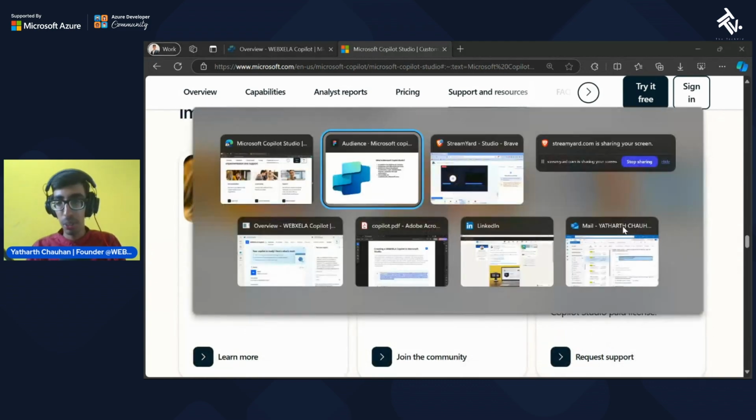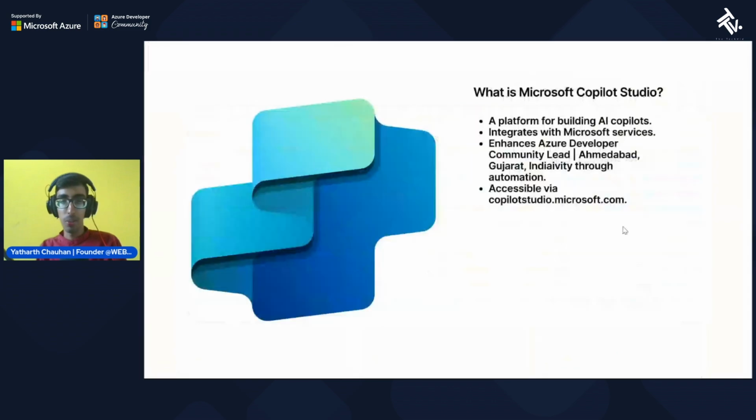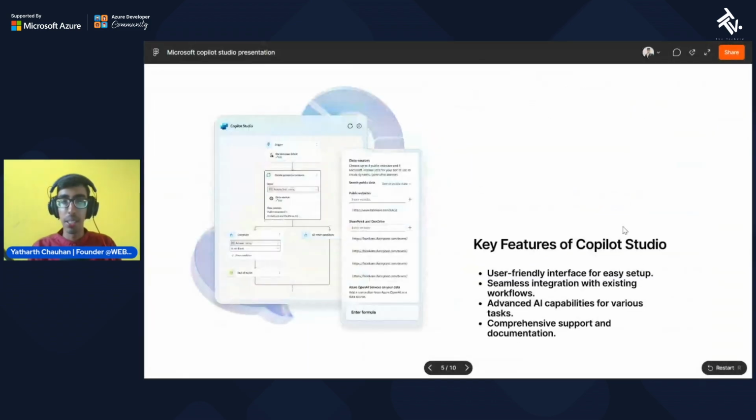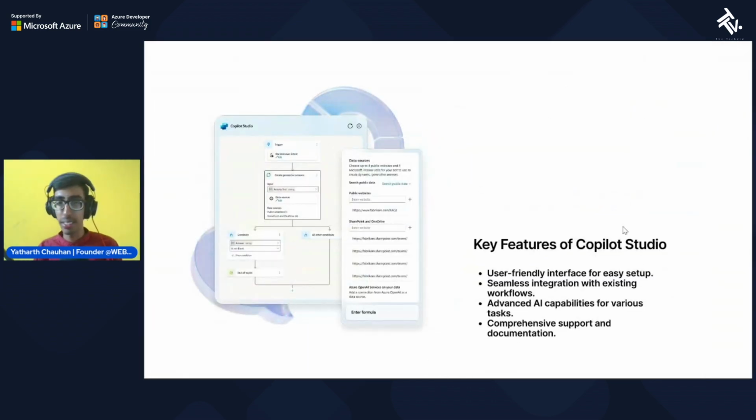Back to the PPT. Now the features. The first one is the user interface, which is minimal, attractive, and the latest, not an old UI. The second main point is comprehensive support and documentation.